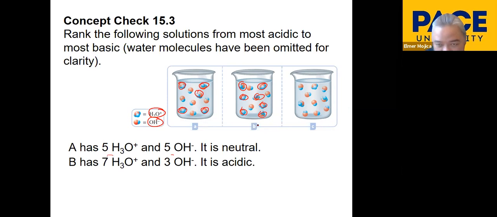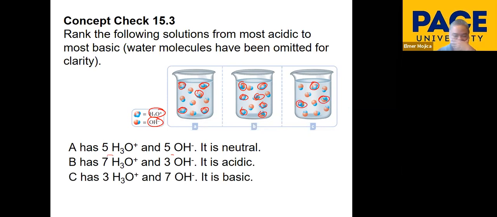Now for the last one, I only have 1, 2, 3 hydronium ions, so there are more hydroxide on it, and it is basic. Is that clear?